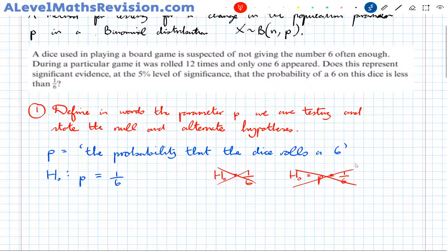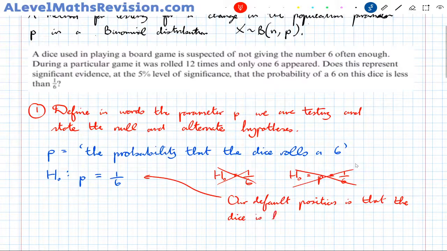And what that says is our default position is that the dice is fair, i.e. the probability of rolling a 6 is 1/6.